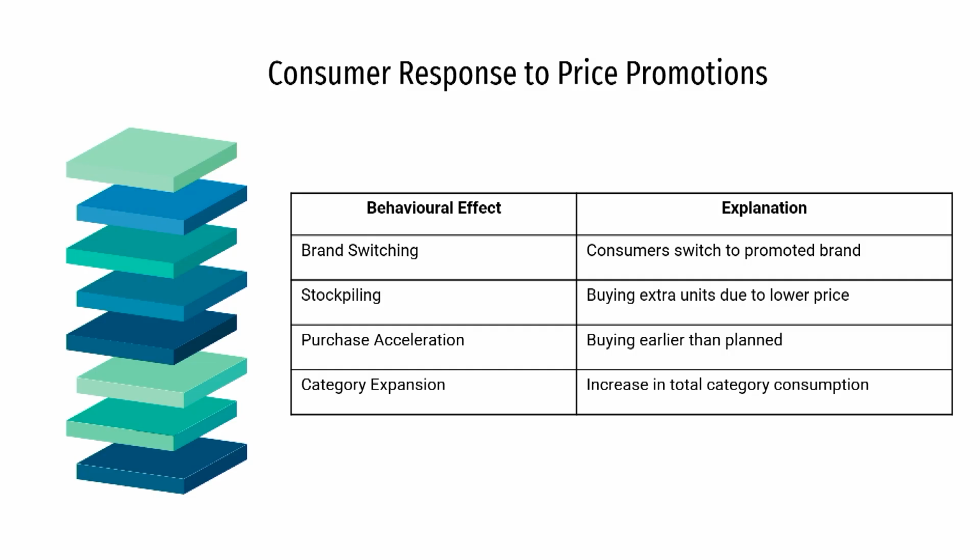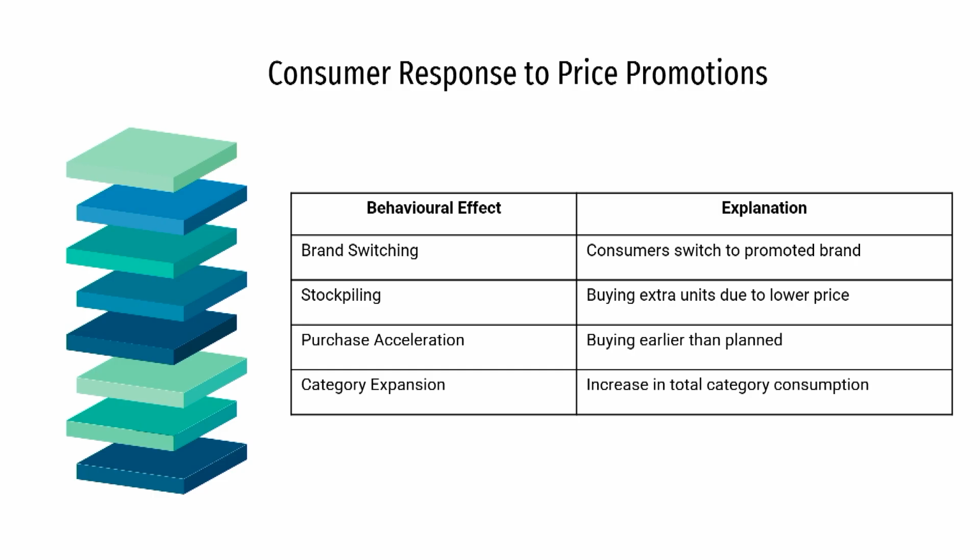Then another behavioral effect is purchase acceleration. Because there is a discount going on, I will try to accelerate my purchase. I do not want to be in the missed-out category. To reduce my FOMO, fear of missing out, what am I doing? I am buying earlier than planned. Let us say I had been planning to purchase a car, right.